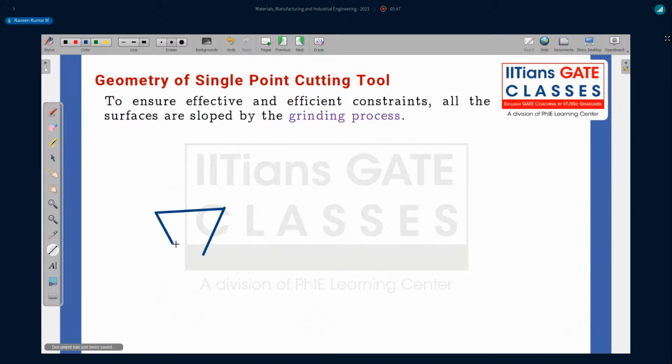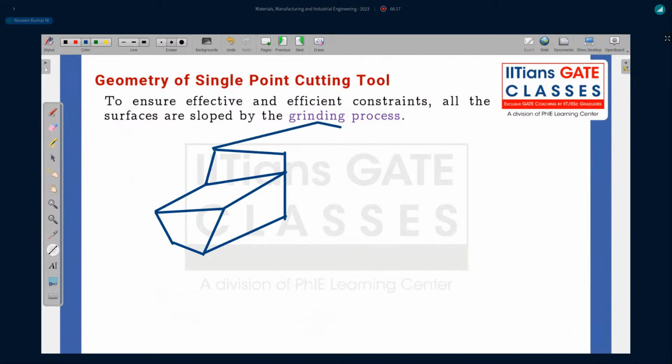Okay, this is the diagram. So if you see here, you made 2 angles in this, right?